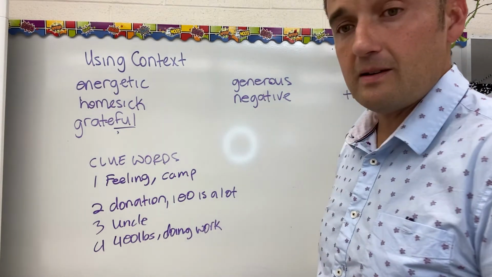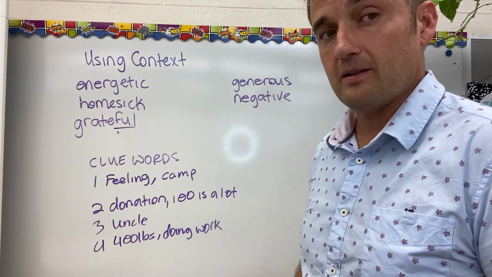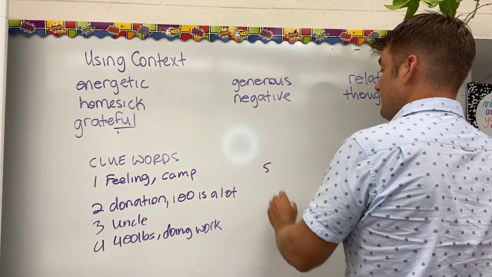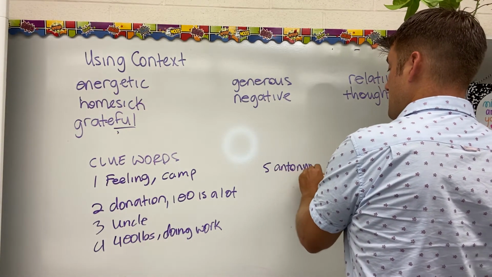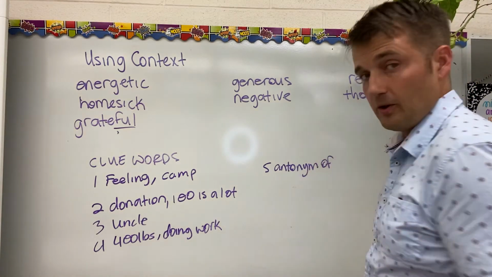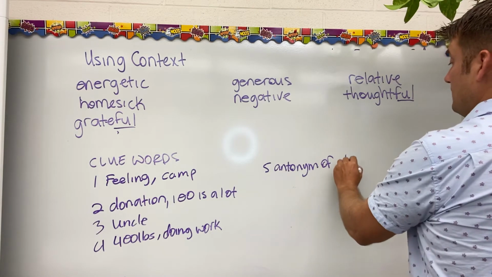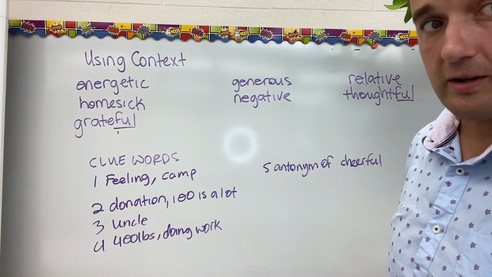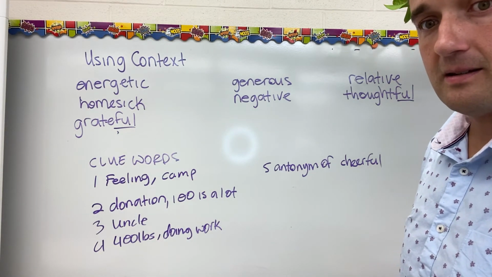Okay, number 5, this cheerful book will get rid of blank thoughts. So on that one, they gave you an antonym. So an opposite word, they gave you the antonym of the word you're going to write. The antonym was cheerful. You're looking for the opposite of that.